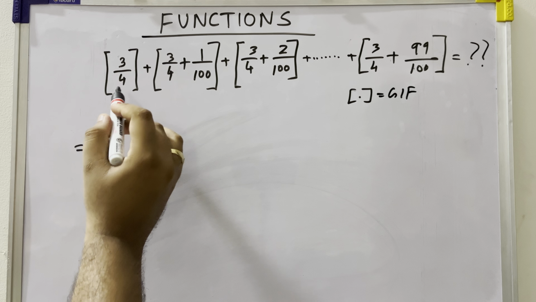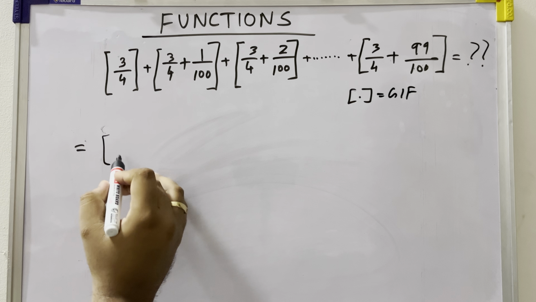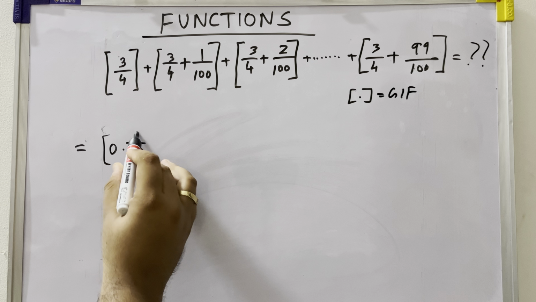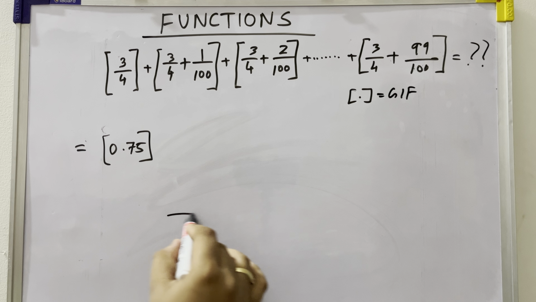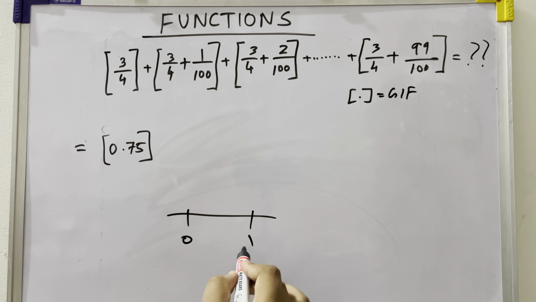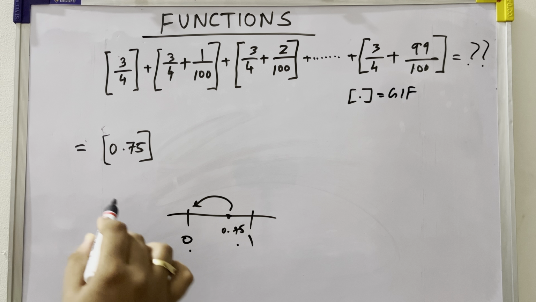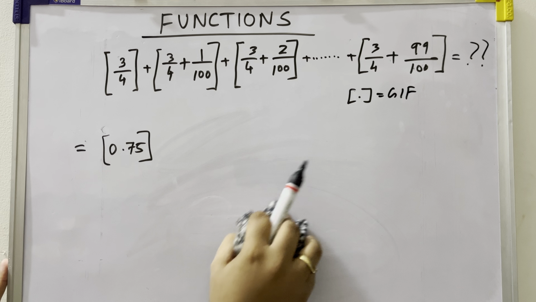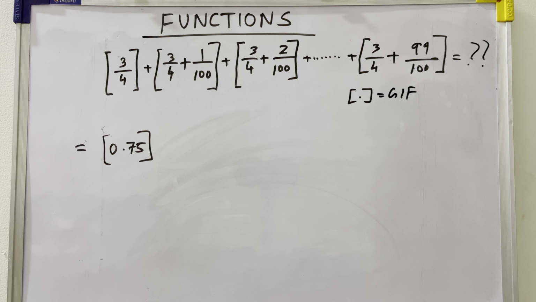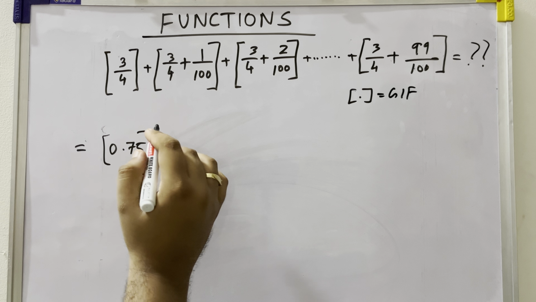See, you have 3/4, which gives you 0.75 in decimal. Don't be in a hurry to make it 0. This is 0, this is 1, and this is 0.75. What will be the value of the greatest integer of 0.75? It will be 0. Let's not make it 0 right now. So 0.75 you are seeing, right, students?